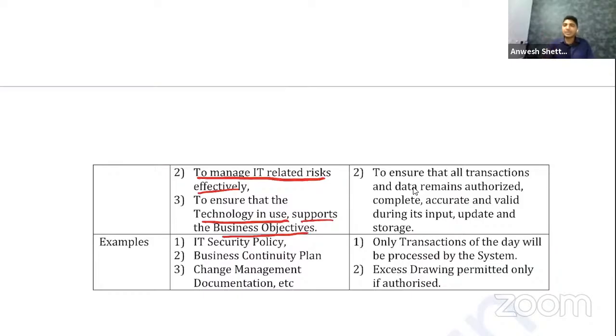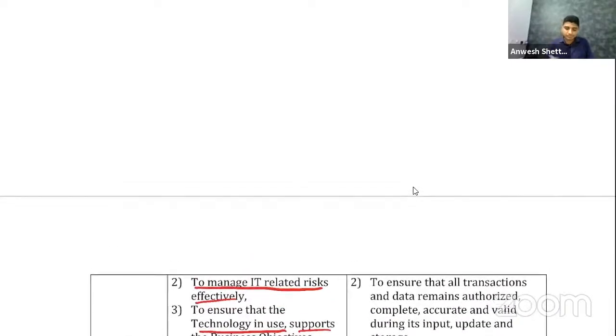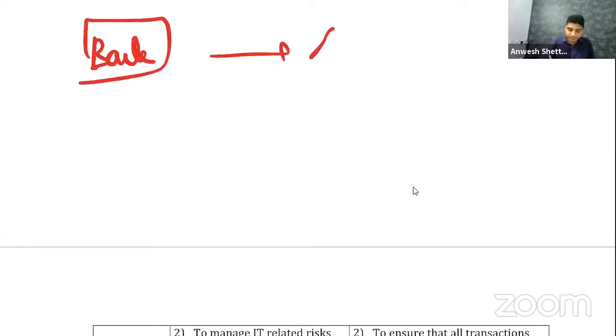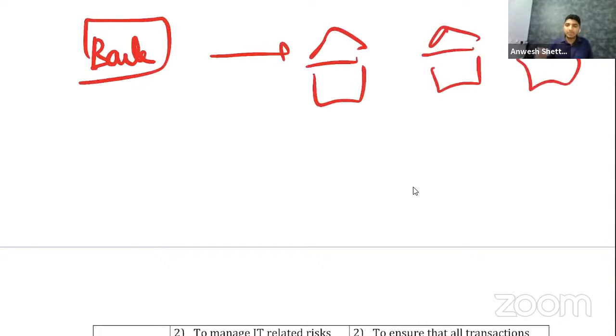Now, let me give an example to you first. Say a bank has its branches all over its country. But during this COVID times, the lockdown was imposed. Now, the branches could not function.